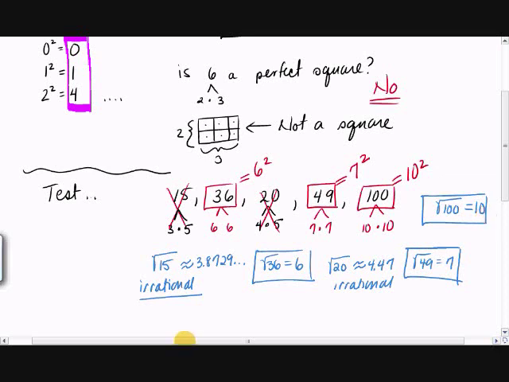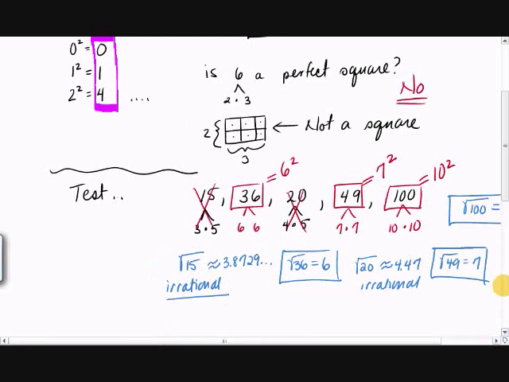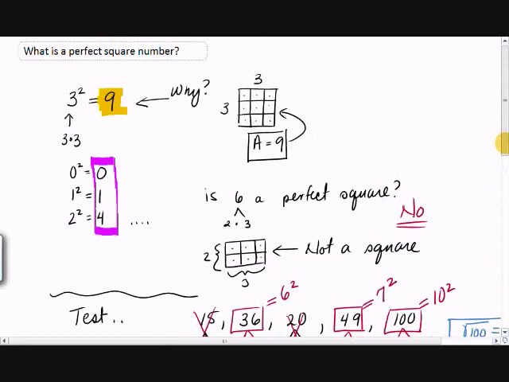Alright, so to sum up, what is a perfect square? Well, a perfect square number can be represented geometrically. If you take the number 9 and you can actually physically create a perfect square with those 9 units, you're in good shape. If you can form a rectangle, then it's not a perfect square.